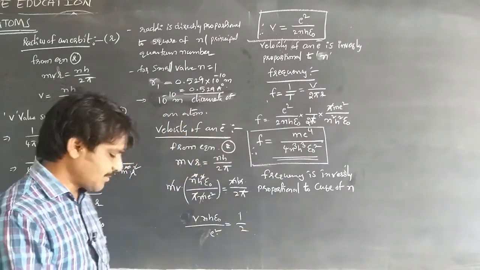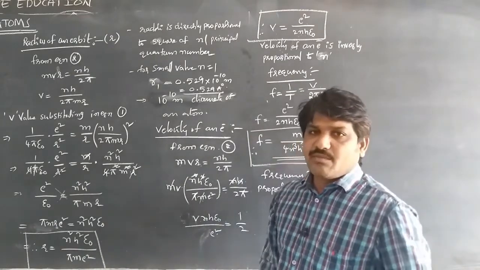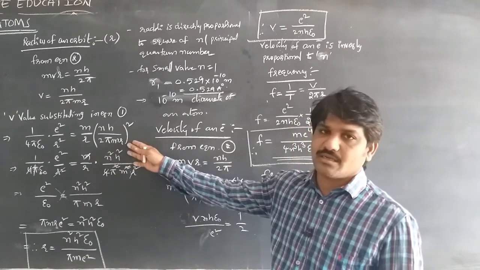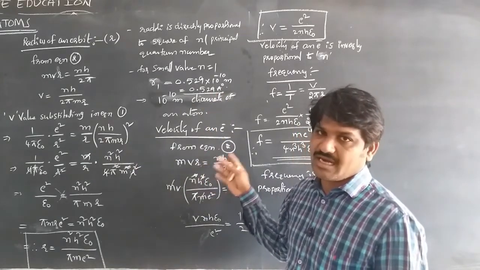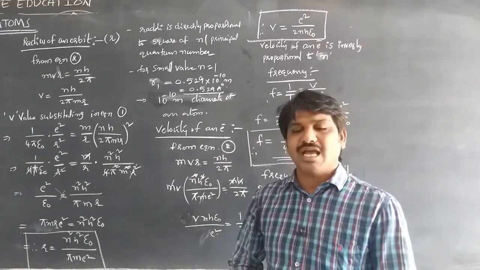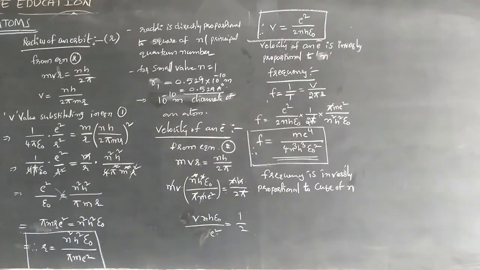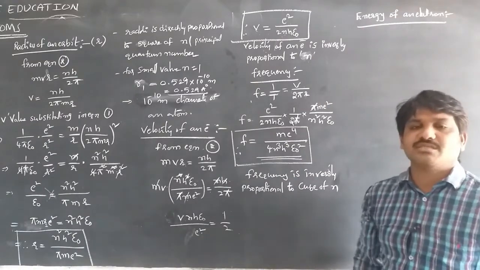The next one is, Bohr successfully calculated the radius of an orbit, as well as the speed or velocity of an electron in orbit, and the frequency. Now we are going to learn about the energy of an electron in the orbit. Here the energy of an electron can be considered of two types.